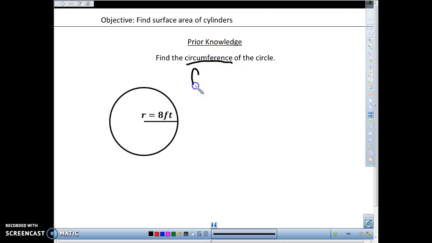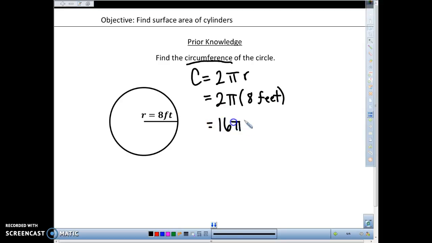The formula for a circumference is 2 times pi times r, where r is our radius. We can calculate the circumference by plugging in my radius, which for the same circle is again 8 feet. Thus, we have 16 pi feet as our circumference.